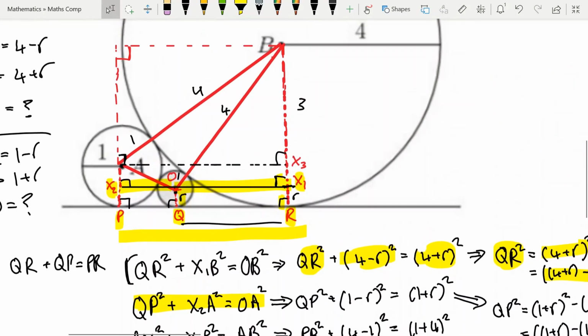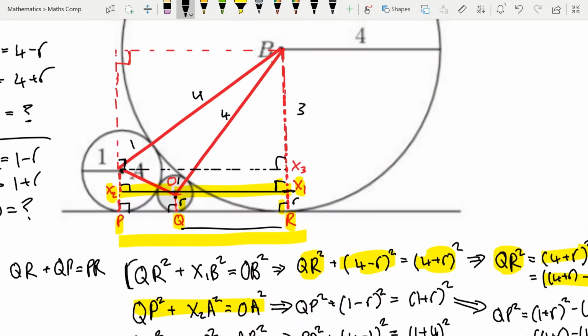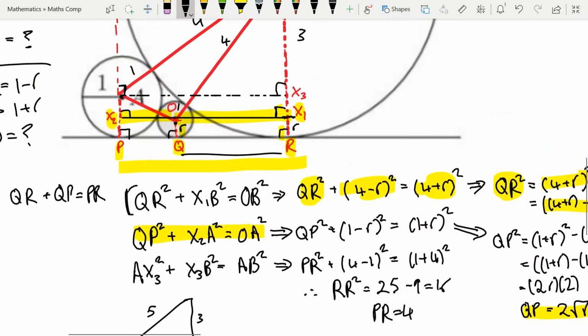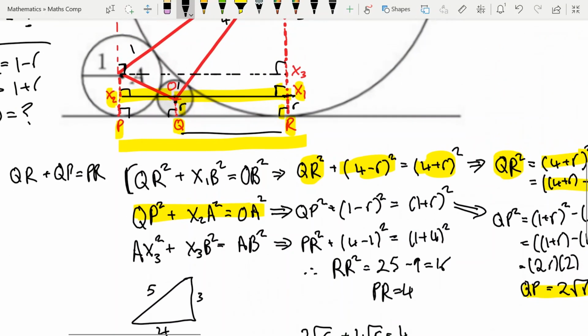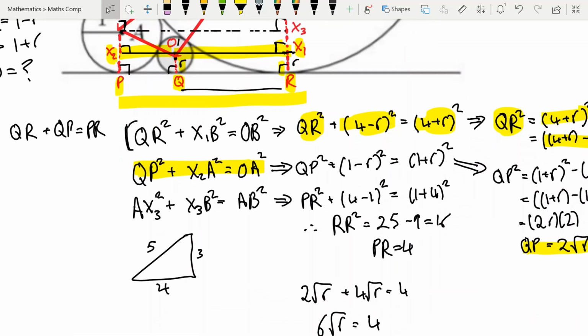So A to X3, the exact same thing as PR, is equivalent to 4.